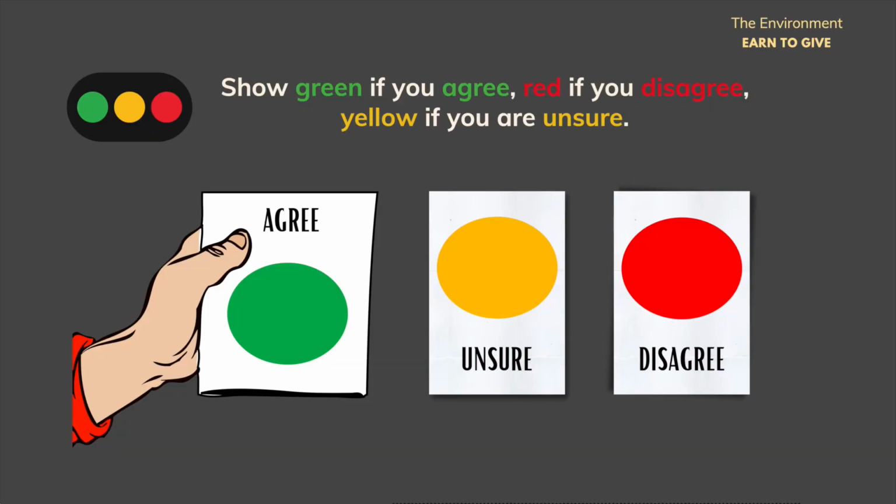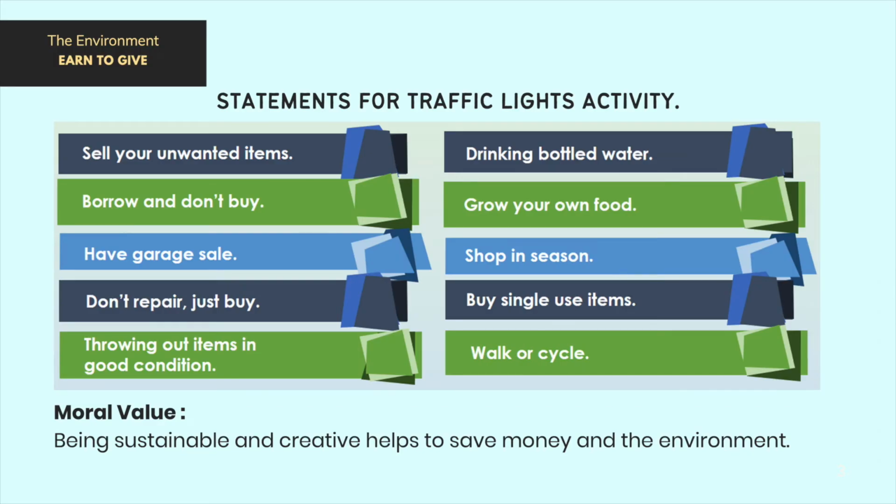As for the closure, the teacher carries out the traffic light activity. The teacher reads out a few statements. Pupils wave the green card if they agree with the statement, red card if they disagree, and yellow if they are unsure. For example, number 1, sell your unwanted items.